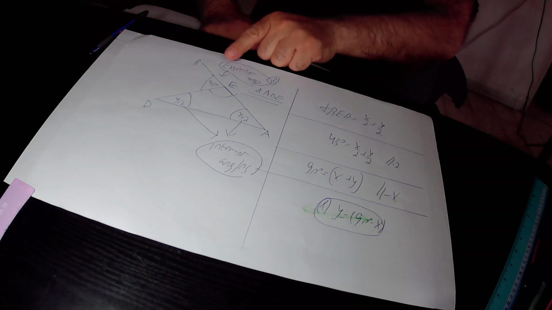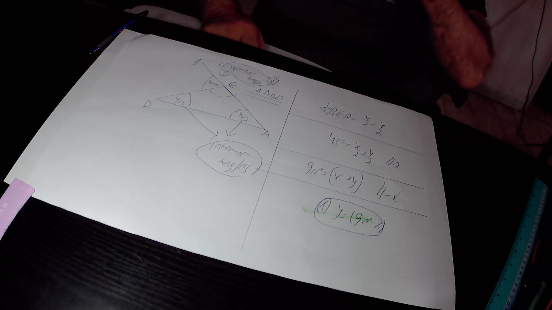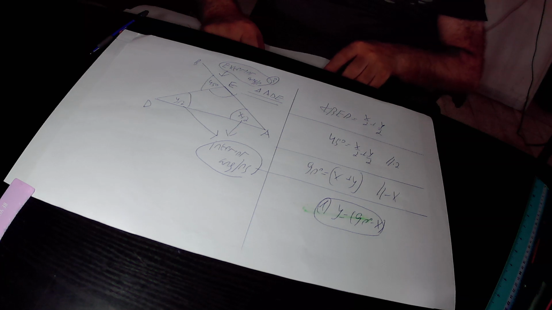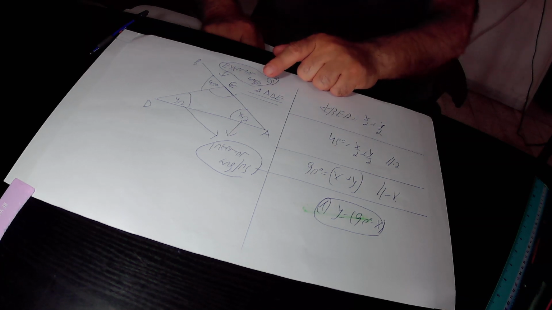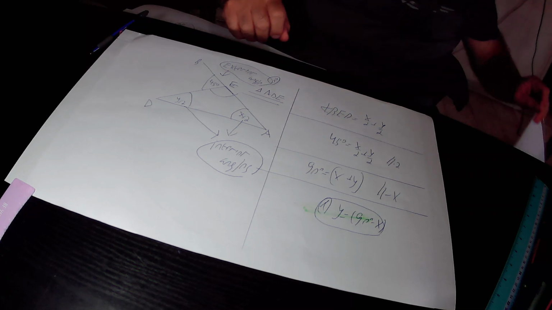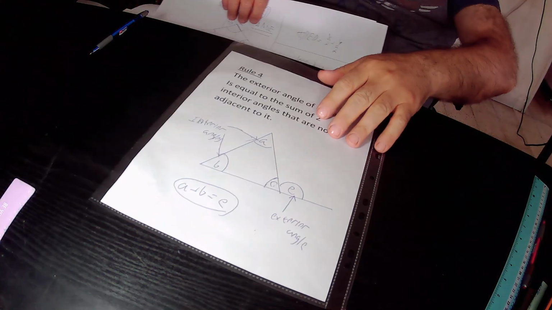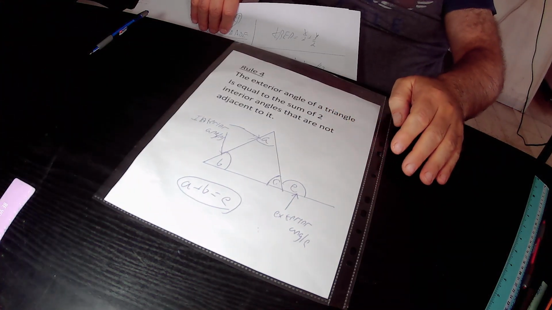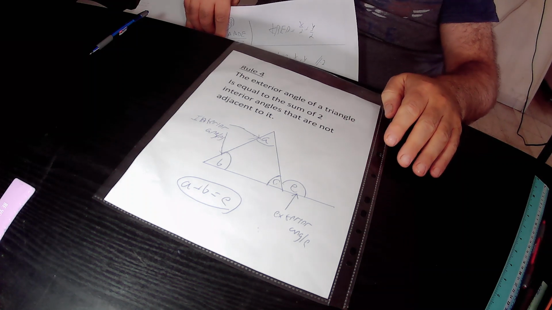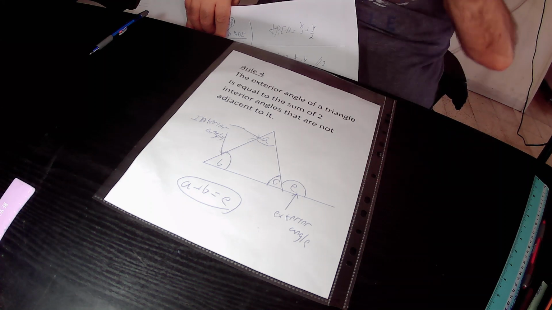The size of the external angle BED is 45 degrees. So in the next step, I presented to you rule 4 and implemented rule 4 in this triangle EDA. So I click quickly on rule 4. According to rule 4, the external angle of a triangle is equal to the sum of the two internal angles that are not adjacent to it.